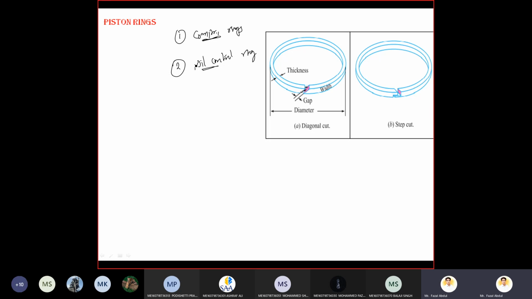To maintain the optimum manner, we have the oil control ring, and to provide the better compression ratio, the compression rings. Better compression ratio is achieved when there is no leakage of burnt gases from the engine cylinder. Mostly each engine has 3 to 4 rings. If you use 3 rings, 2 rings are compression and 1 ring is the oil ring. If you use 4 rings, 3 rings are compression and 1 ring is the oil ring.